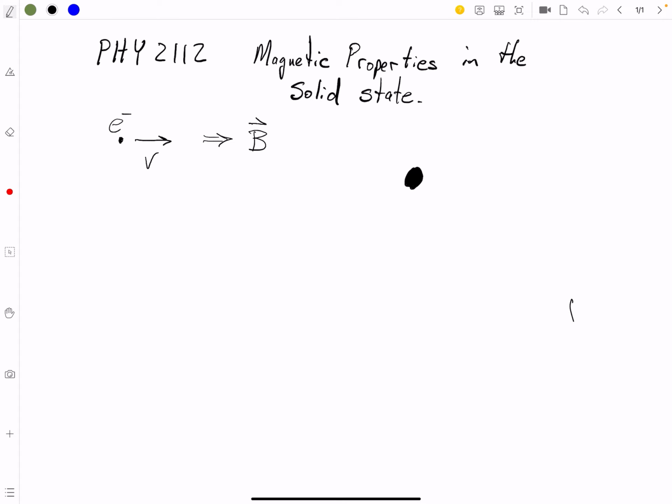And let's do this color. Then we had an electron cloud that goes around it. And that electron cloud has a current, I, and a B field is then associated with it.